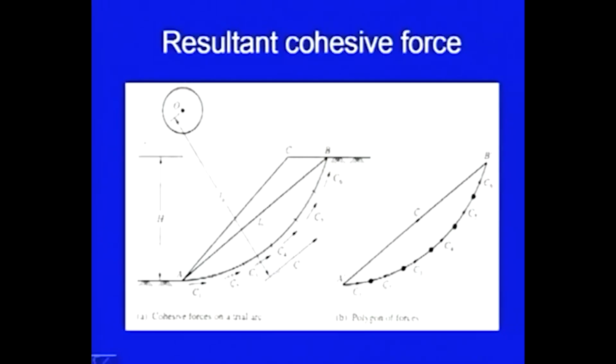By equating the moments, we got the line of action of force C. Because this chord is always less than the arc, the line of action of C will be a little bit away from the radius R, on this side. So, this LA is the lever arm of the cohesive force C, and you can find out its line of action.